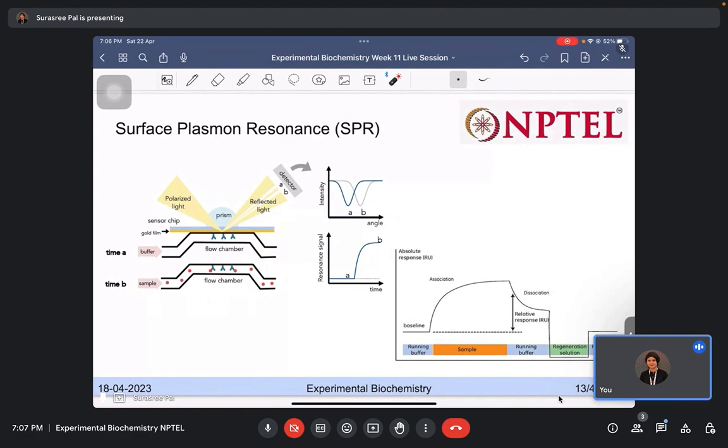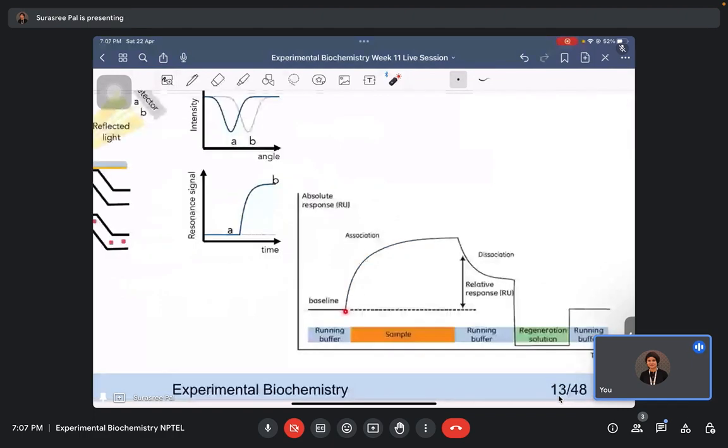When the buffer is running through the flow chamber, we can see a steady response, which is the baseline. Now, when we pass ligand through this flow chamber, we can see an association, which means that the resonance signal keeps on increasing, and after a certain point, it reaches saturation.